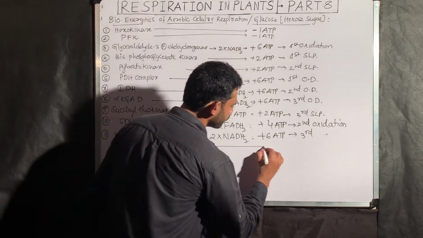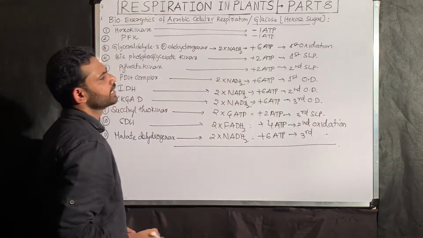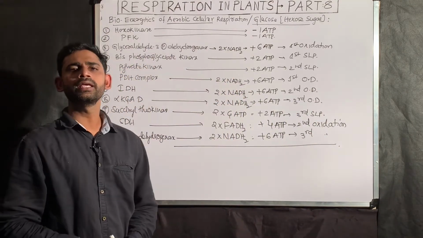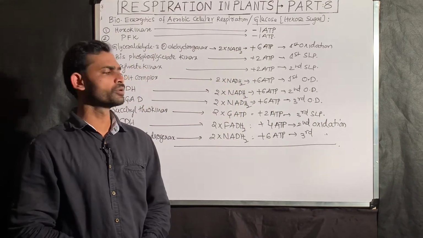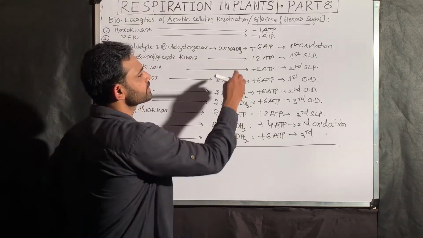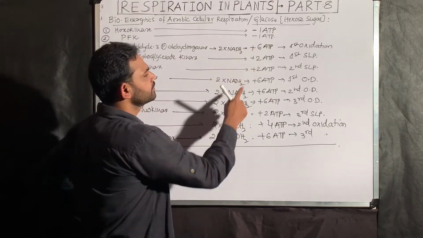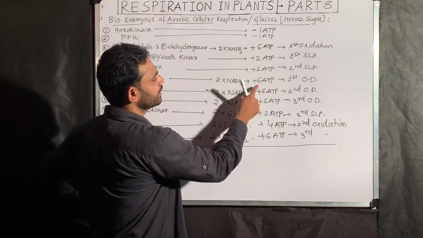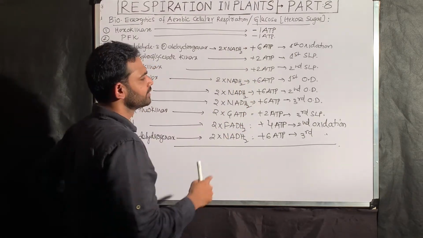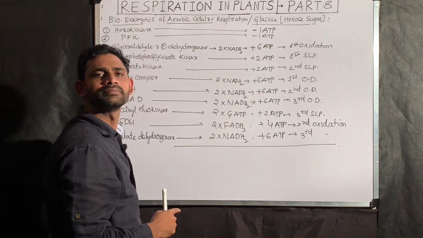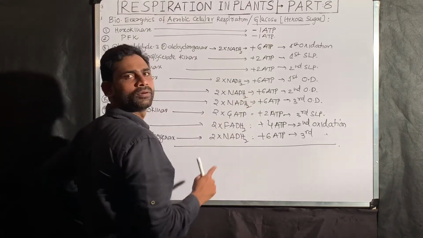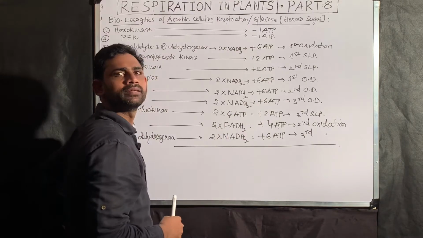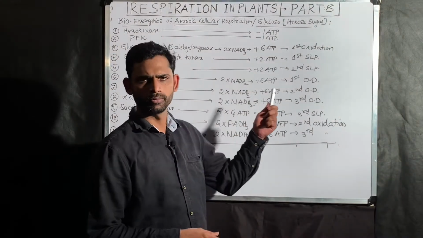Now you can go for the net. First you count how many are produced. This is 6 ATP. 6, then 2, 8, then 10. Sorry, we will count one more time.